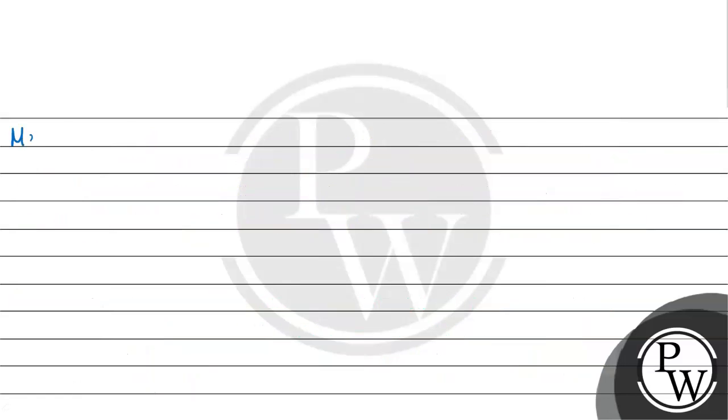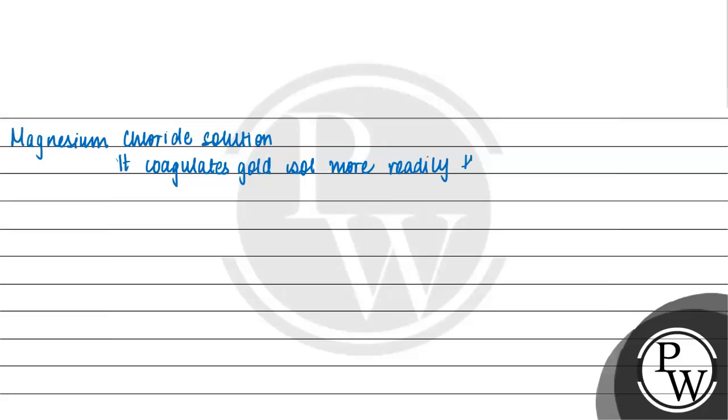So magnesium chloride solution जो है it coagulates gold salt more readily than positively charged iron 3 hydroxide salt. हमारा गोल्ड सॉल्ट कैसा है नेगेटिवली चार्ज्ड है.